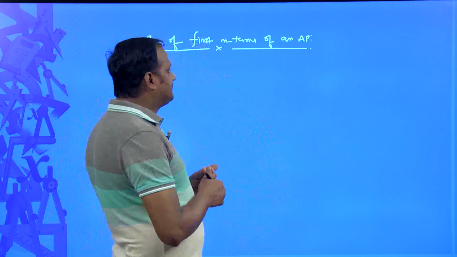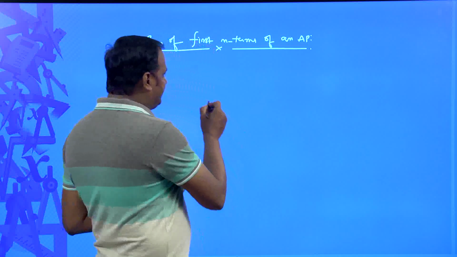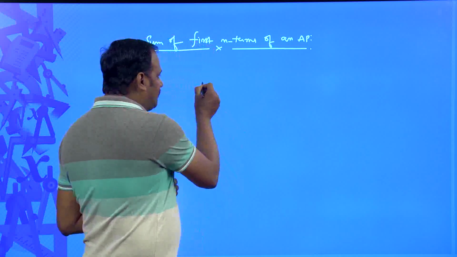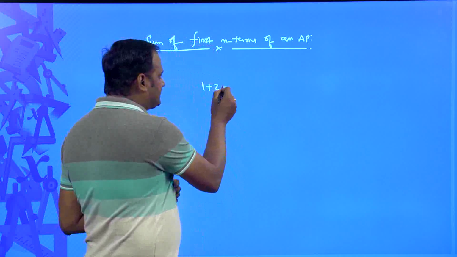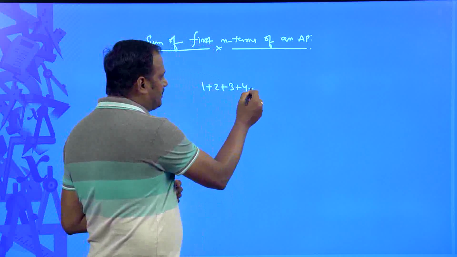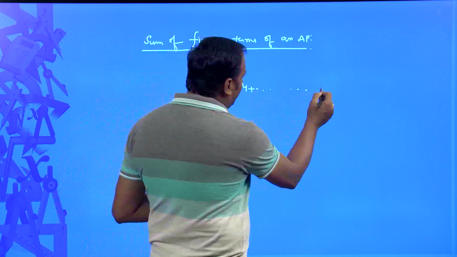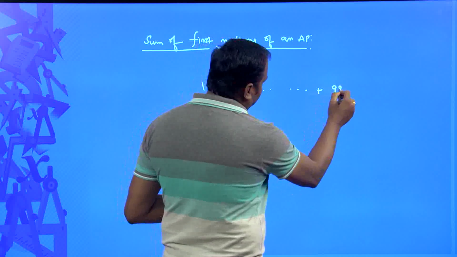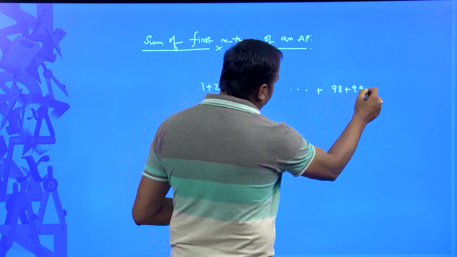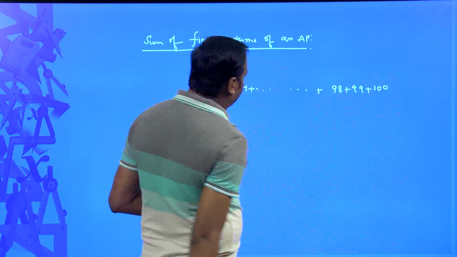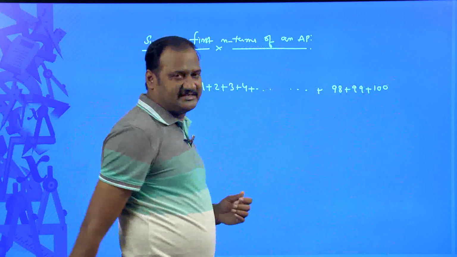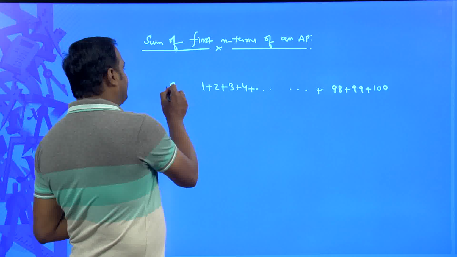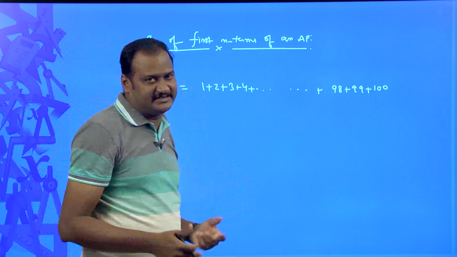Then he answered the problem in such a way that he wrote 1 plus 2 plus 3 plus 4 plus so on, how many natural numbers? 100 natural numbers. That is why he wrote 98 plus 99 plus 100. Okay. So, he named this sum S, because he is going to find the sum.